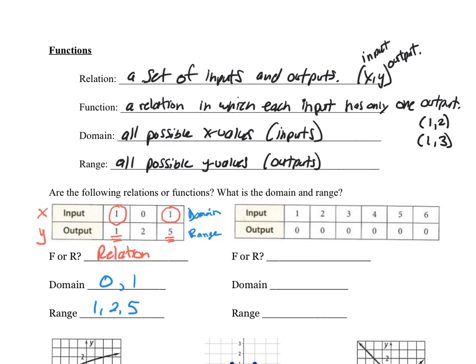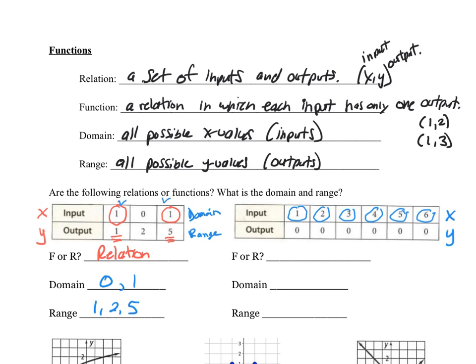In example 2, I have inputs, which I remember are x's, and outputs, which remember are y's. And if you look, I have 6 different inputs. Okay, so notice that none of the inputs repeat. Like in our first example, I had 2 of the same inputs.